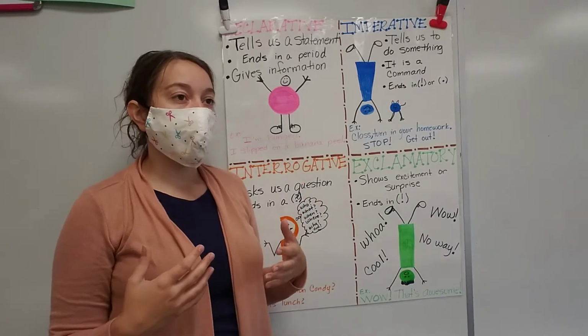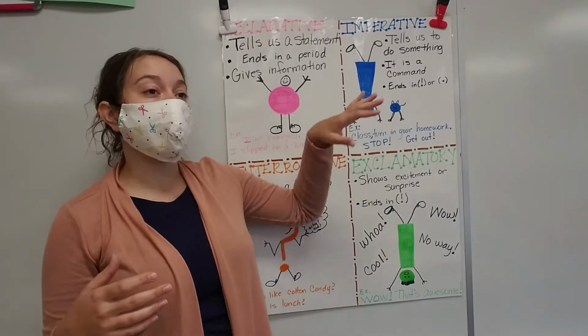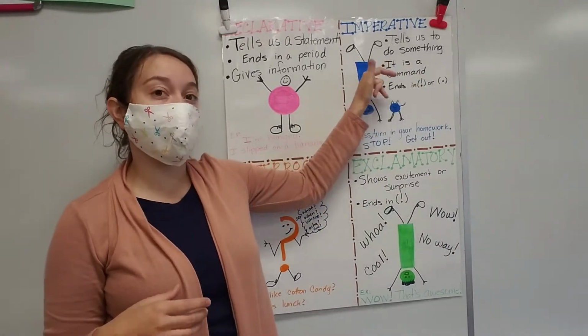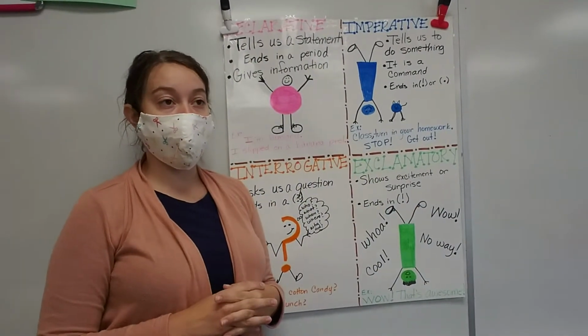You're like, shoot the basket, shoot the ball. That's going to be a command, but it's excited, right? Makes sense? And then an exclamatory sentence shows an excitement or surprise, and it ends with an exclamation point.